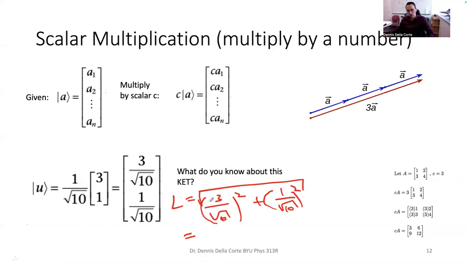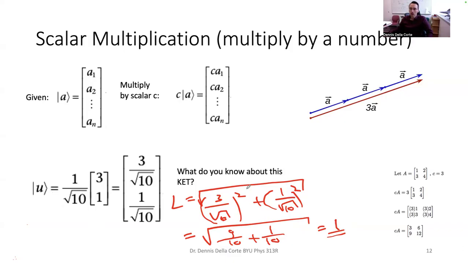And that's going to be 9 divided by 10 plus 1 divided by 10. But 9 tenths plus 1 tenth is 10 tenths, and that's 10 over 10, which is 1. Square root of 1 is 1. So the length of this vector here is going to just be 1.